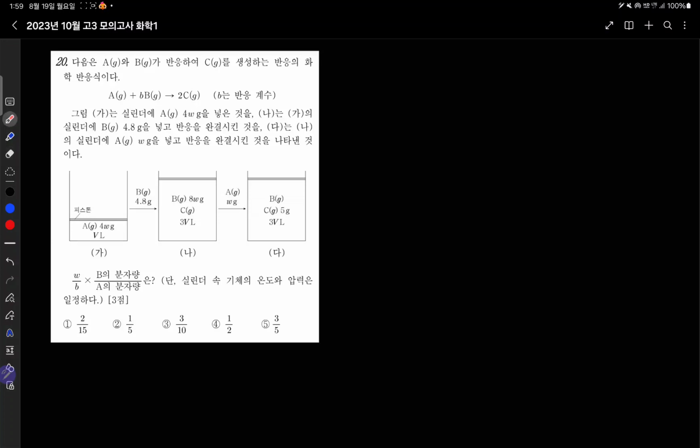All of gas A is consumed, and the mass of C after the second reaction is 5 gram. And the volume of the gas after the second reaction is the same as after the first reaction, 3 times V liter.